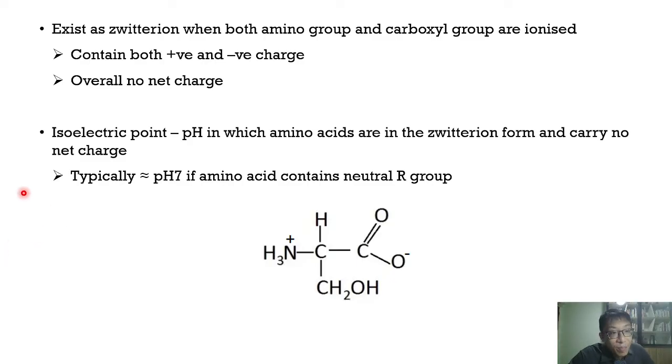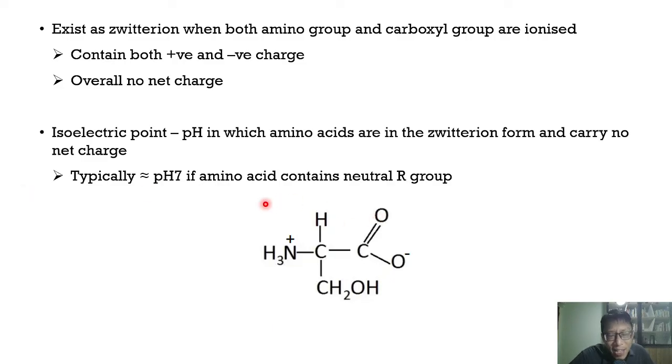And then we look at something called the isoelectric point, which is a pH at which the amino acid would be of no net charge, net charge 0. Typically, for most amino acids, the isoelectric point is pH 7.